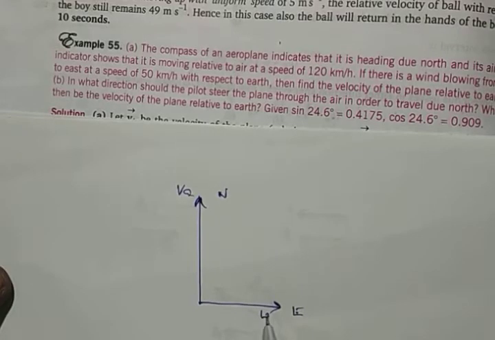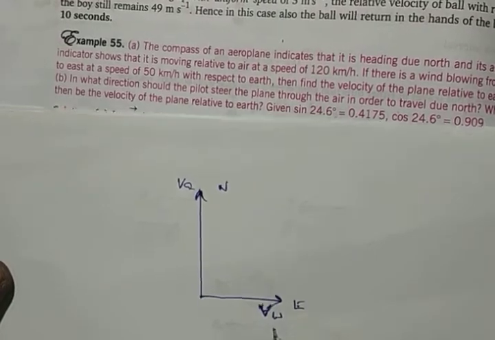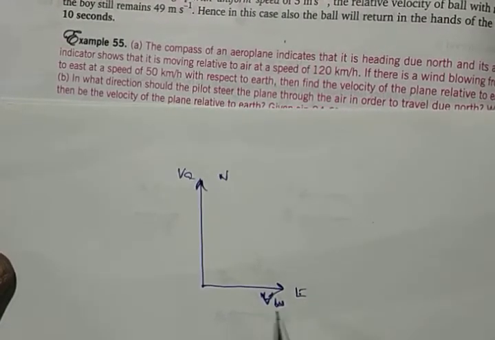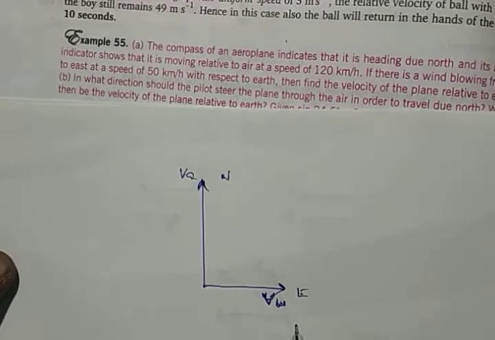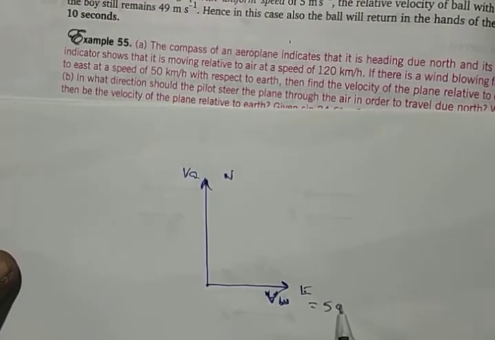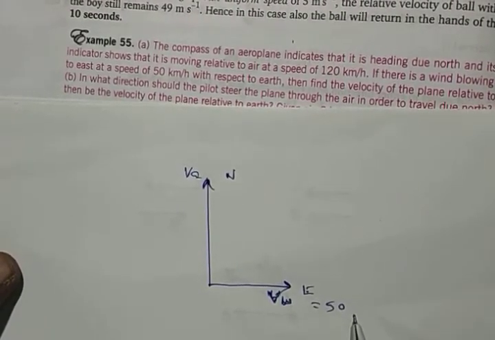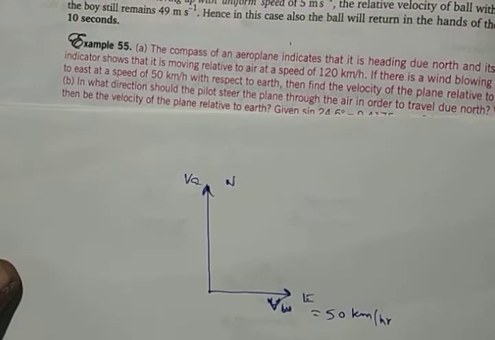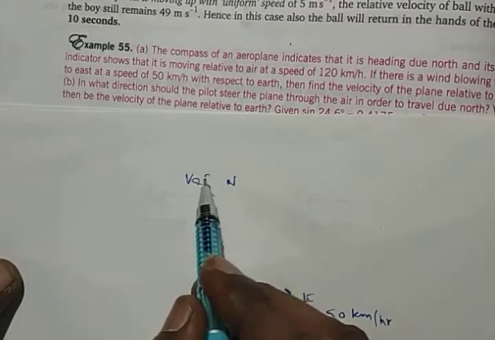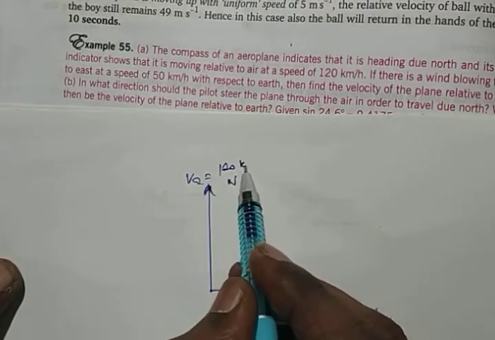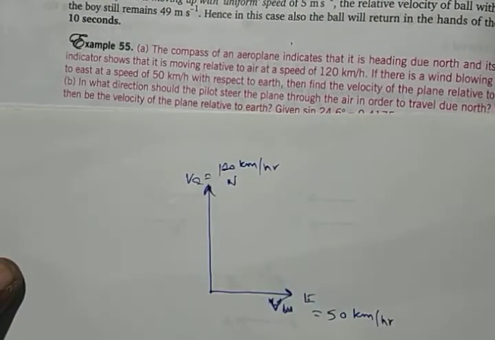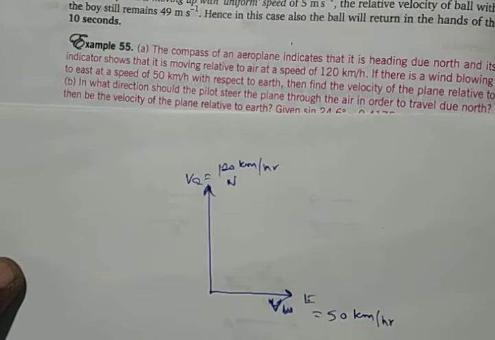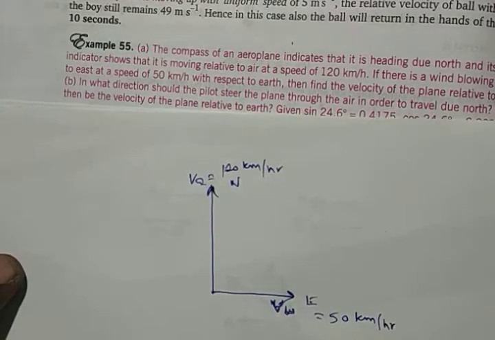So this is VW. So the wind is blowing in this direction here. Now what is the velocity of the wind? It is given here as 50 km per hour. And here this is going to be 120 km per hour. That's already given here.